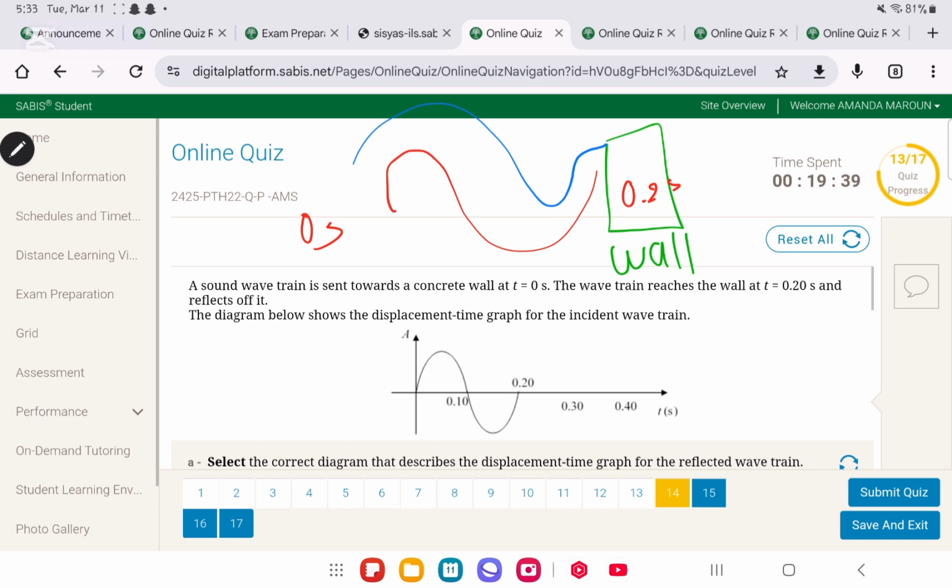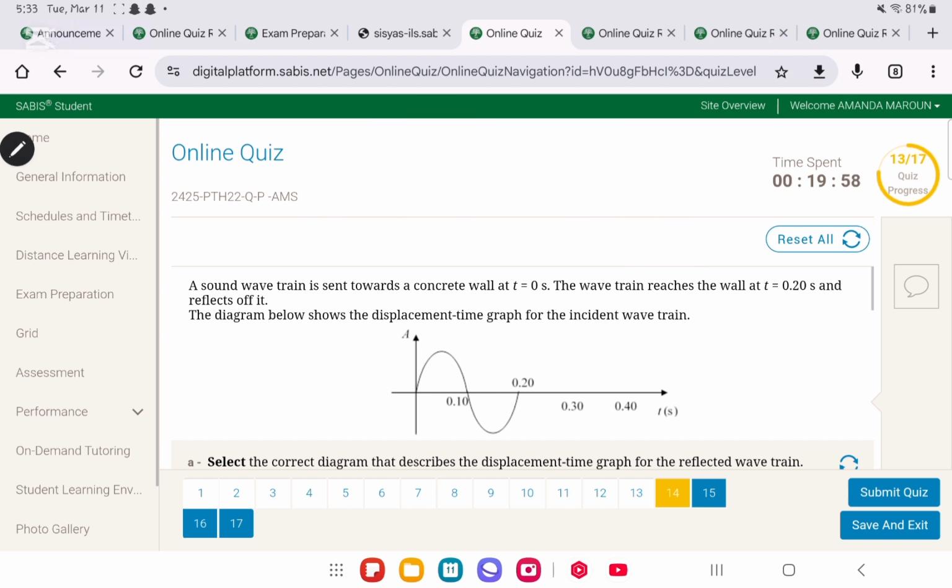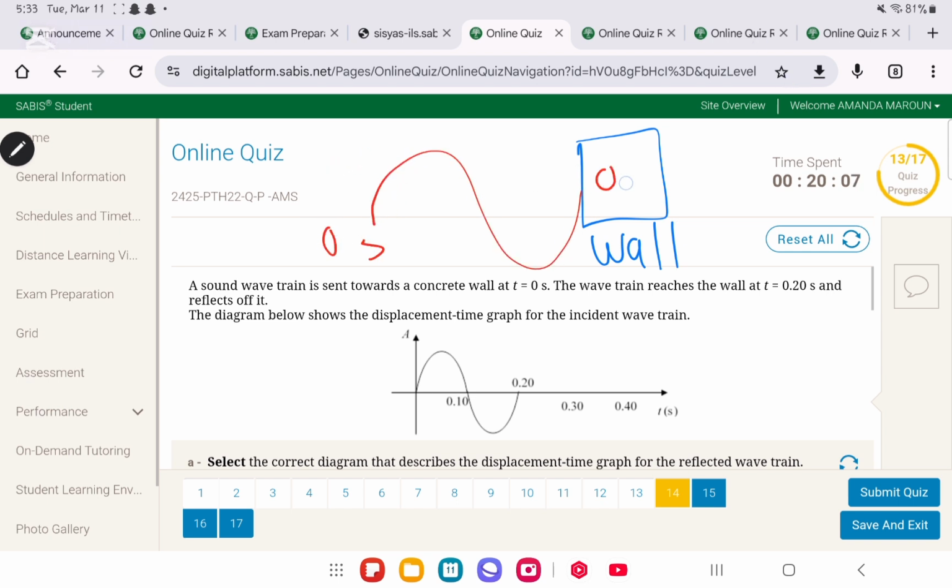But because it's reflecting off the wall, let me draw it in another example so that it's more understandable. Okay, so let us say this is our wall over here. Here we have our wave that will look something like this. Here 0 seconds, here 0.2 seconds. They told us that it will reflect off of it.